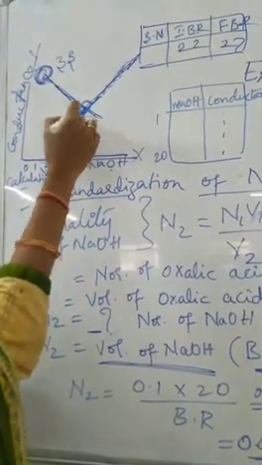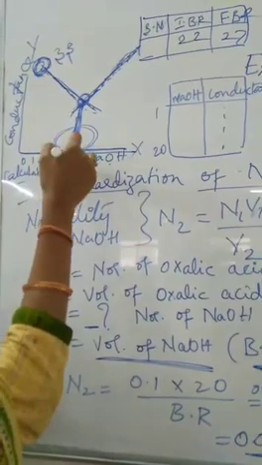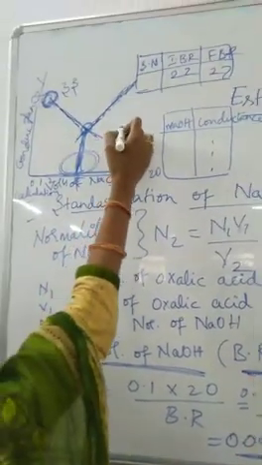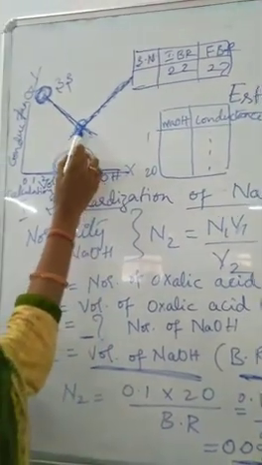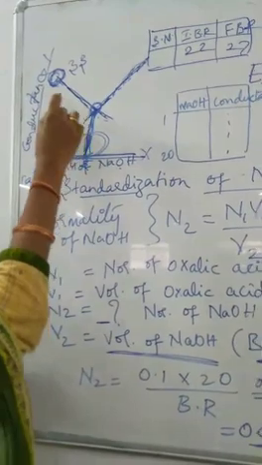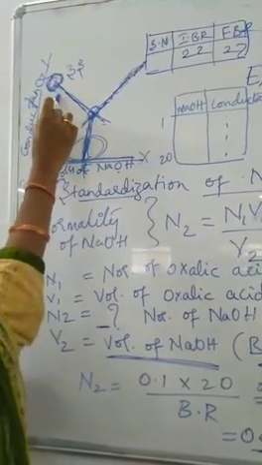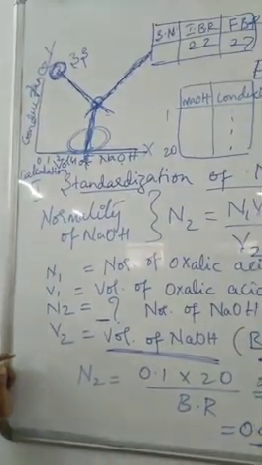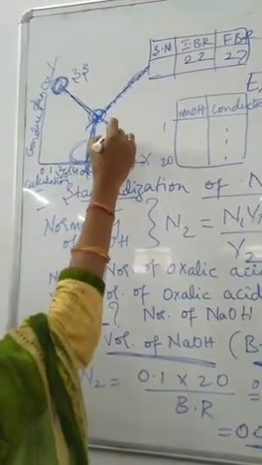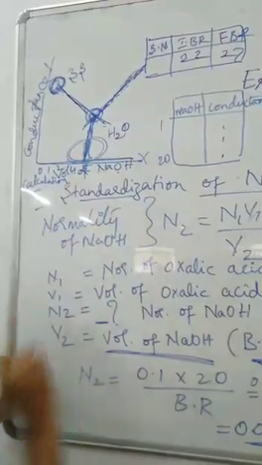During the addition of sodium hydroxide to the HCl, the H plus ions present in the HCl combine with the OH minus ions present in the sodium hydroxide, forming an un-ionized water molecule.